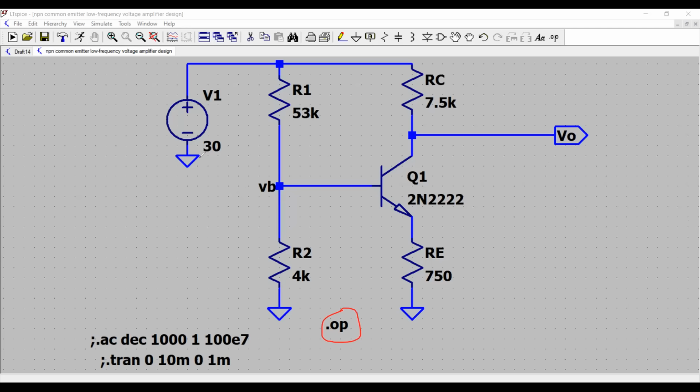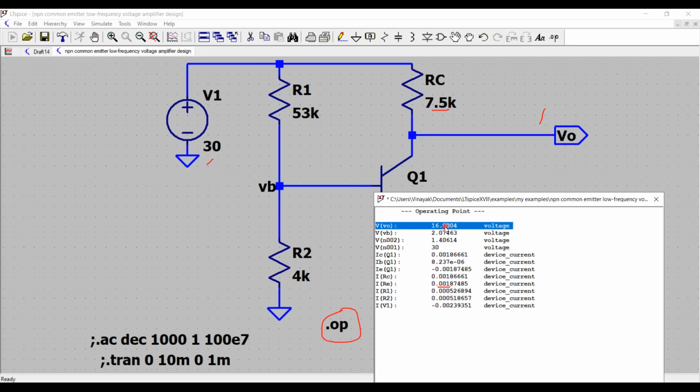Now, with the DC voltage set to 30 volt, resistor RC 7.5K, RE set, transistor set, and here is your output voltage, we need to see the different currents and voltage values. So we'll run the simulation with the .op analysis and check all resistor currents and voltages.